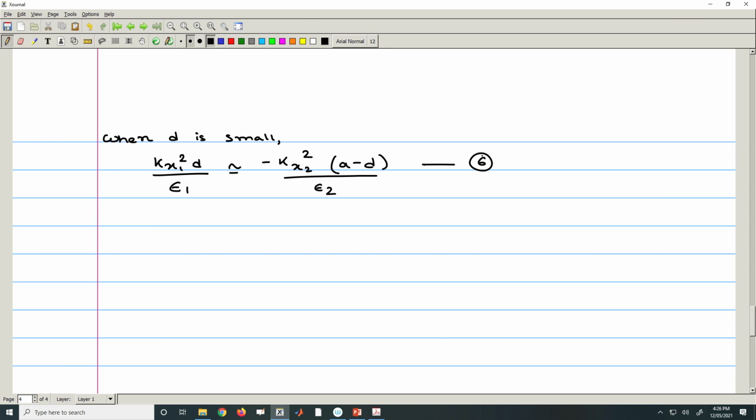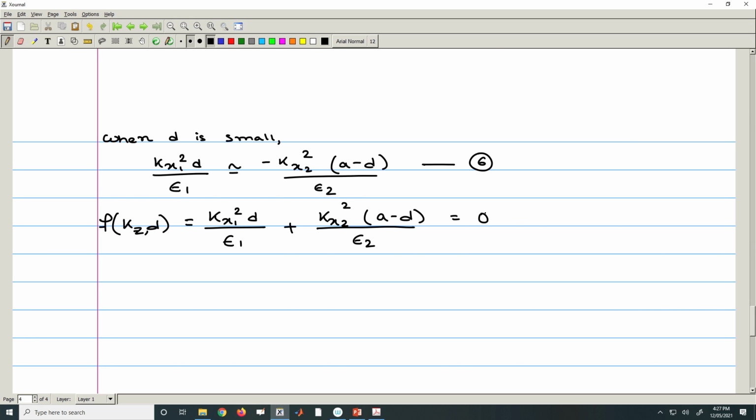Now, what we will do, we will write this equation by denoting it as a function of k z and d. So, we can say f of k z comma d is equal to k x 1 square d upon epsilon 1 plus k x 2 square a minus d upon epsilon 2 is equal to 0.